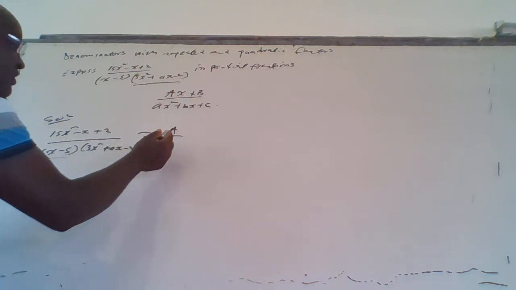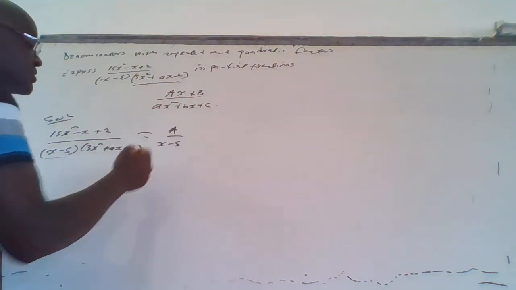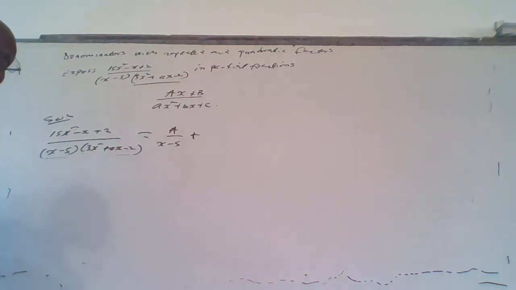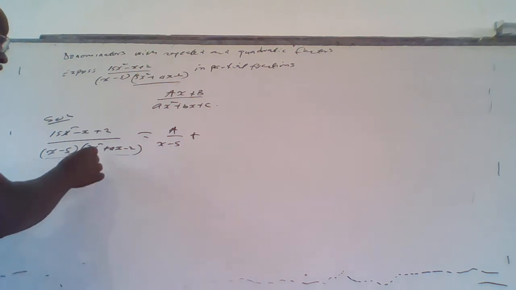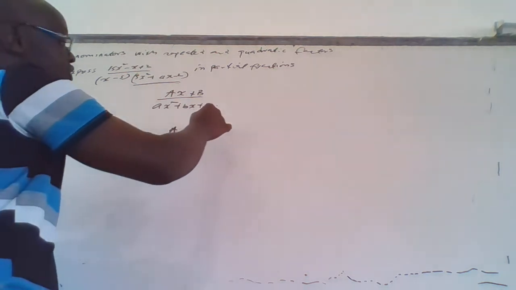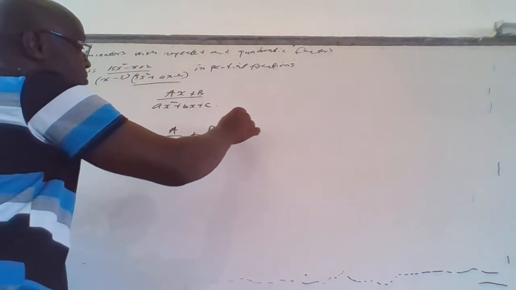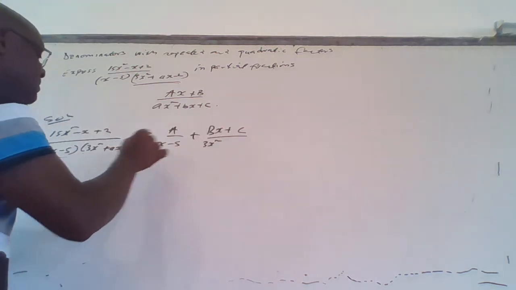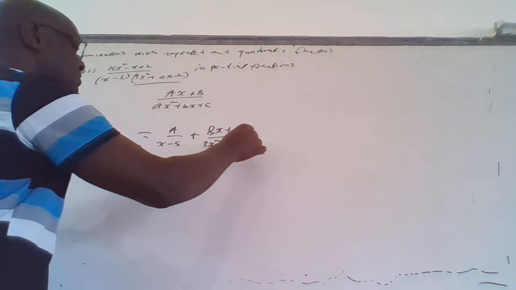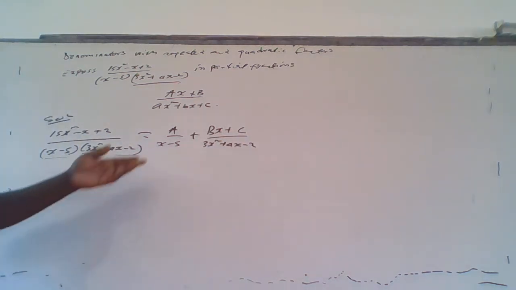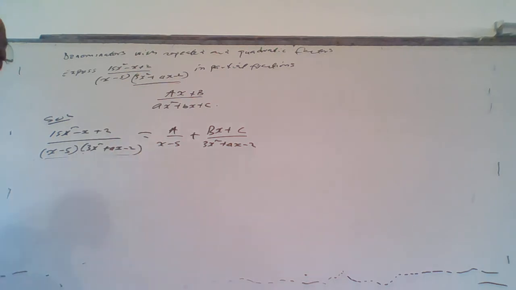So we shall have A over x minus 5, then plus, since this one is a quadratic factor that cannot be factorized, a partial fraction of this form: (Bx plus C) over (3x squared plus 4x minus 2). So our duty now is to find the values of A, B, and C.